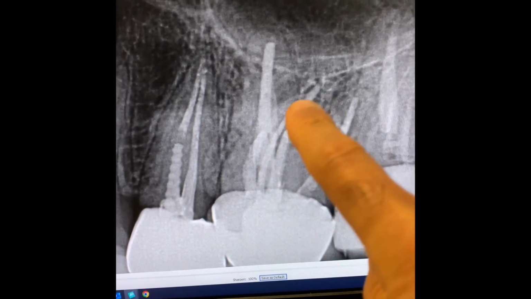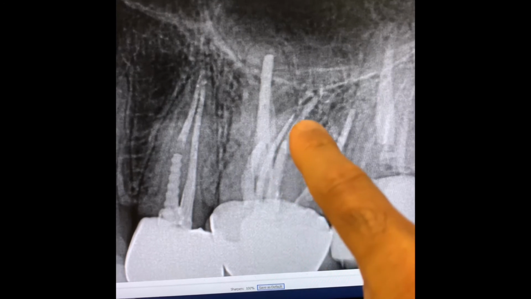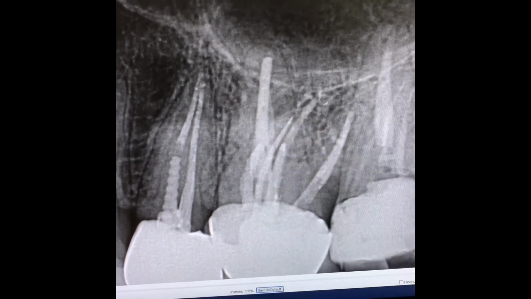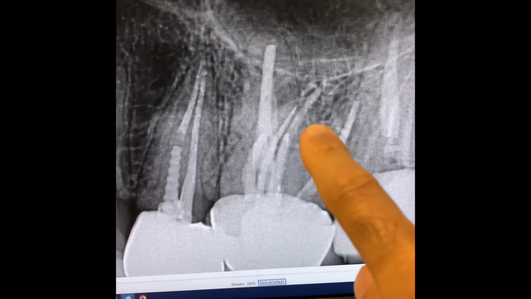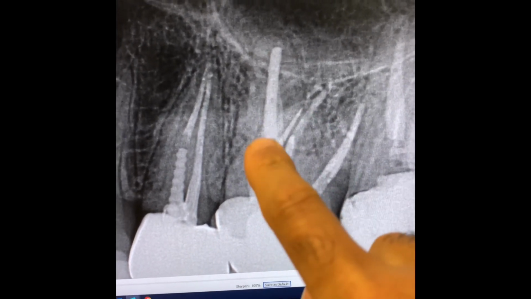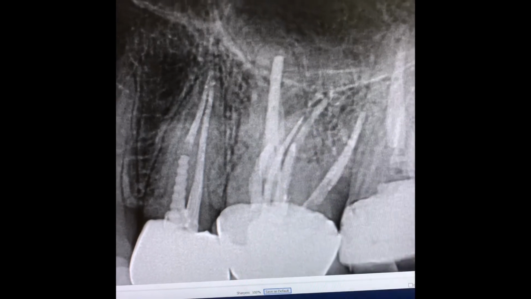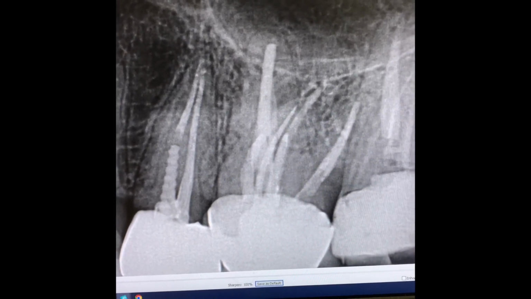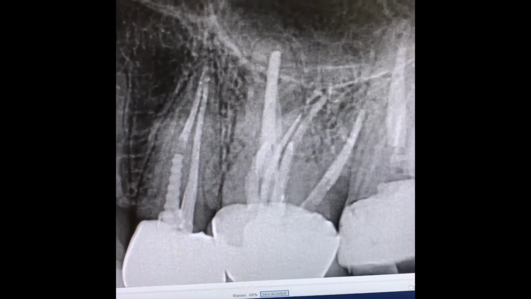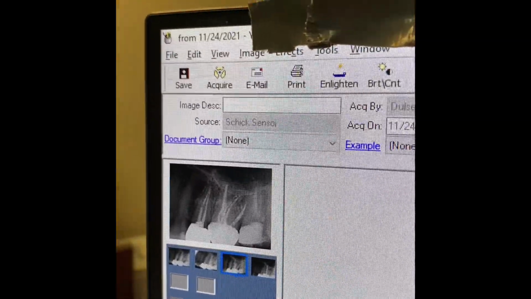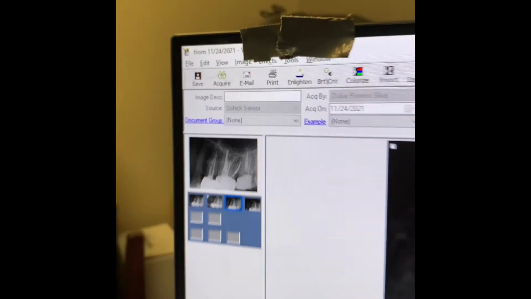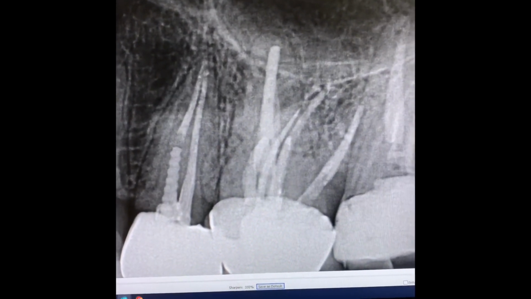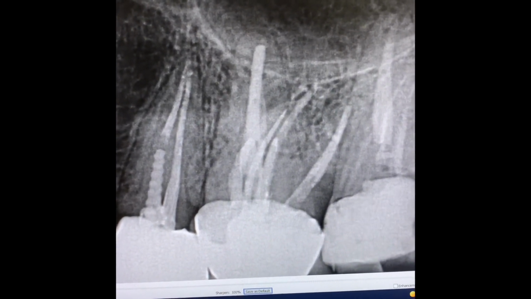The MB2 that I found was fine, so I obturated it completely with gutta percha and sealer. So MTA plug here and here, and the MB2 in its entirety filled with gutta percha. And you can see here is the date. This is immediately after we redid the root canal and located the missed canal there.